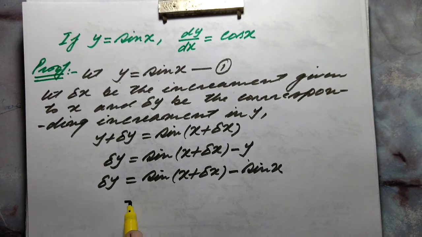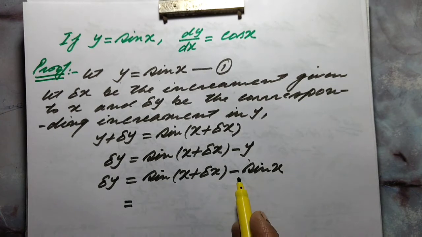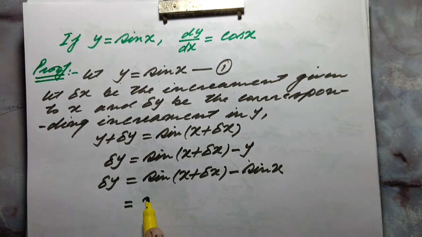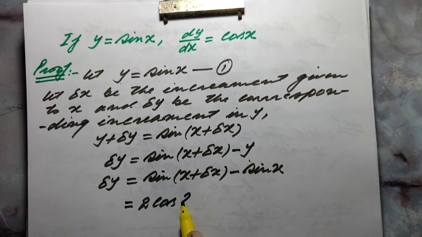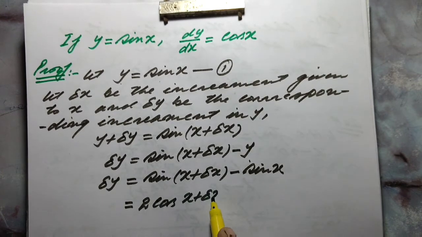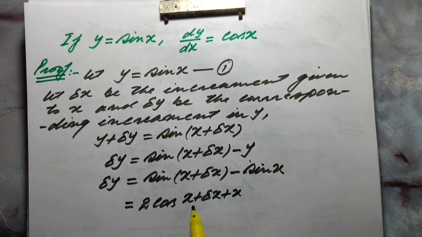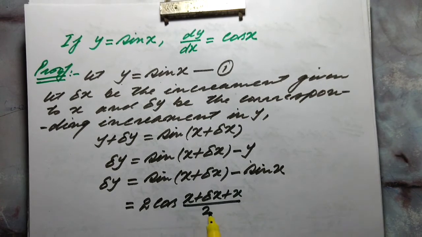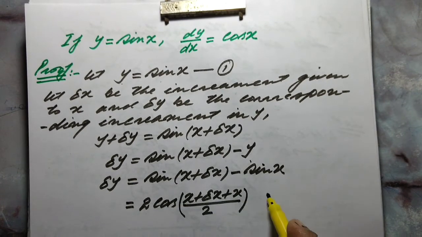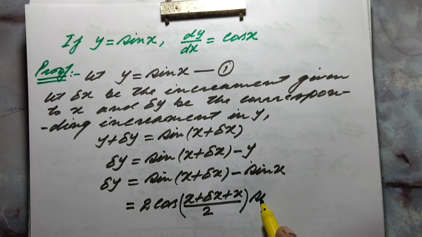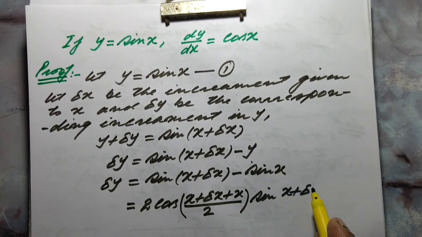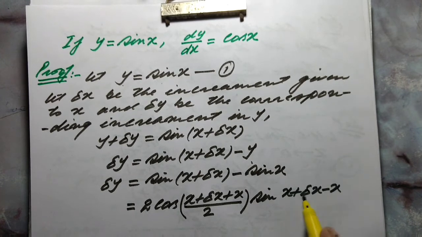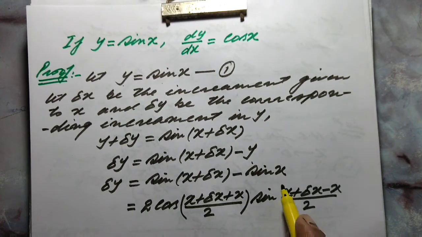Now applying the formula sin c minus sin d, we have 2 cos x plus delta x plus x upon 2 into sin x plus delta x minus x upon 2.